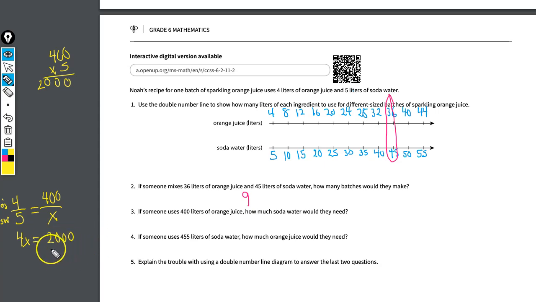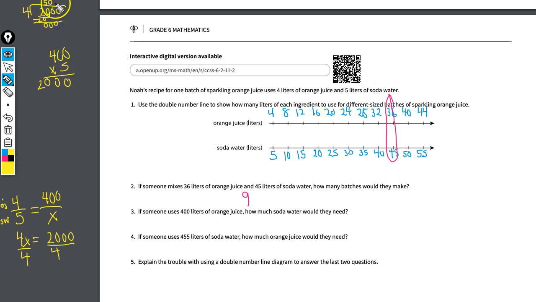And then I'll just do a quick division here. Well, 4 can't go into 2, but can sure go into 20. 5 times. So that would be nothing. I'd bring down the 0. Well, it can't go in there, but it's 0.